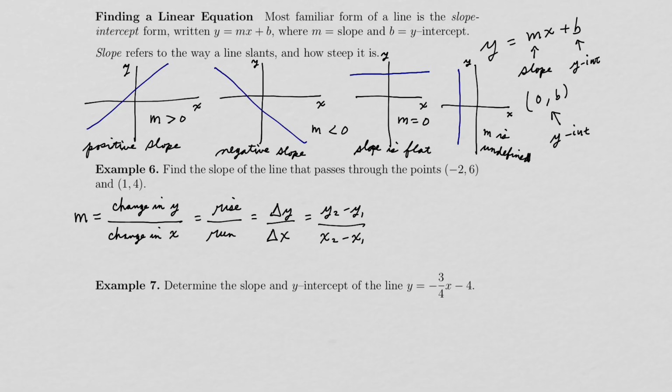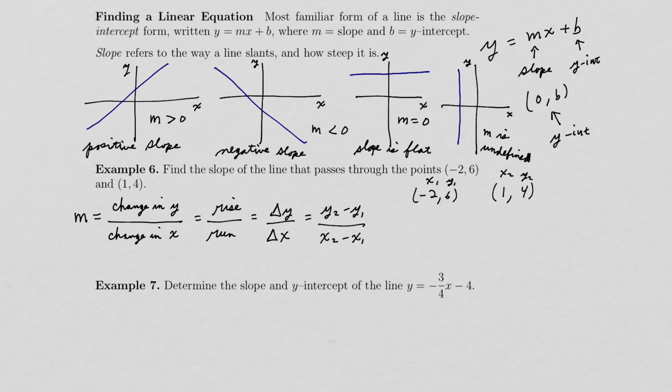For instance, we're asked in this question, find the slope of the line that passes through the points -2, 6, which I'm just going to label x1, y1. It doesn't really matter which one you label the ones and which one you label the twos. And then through this point, 1, 4. So what's the slope of the line that passes through those points?